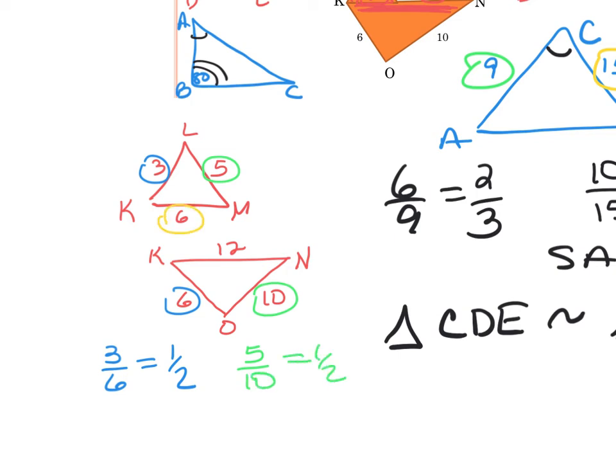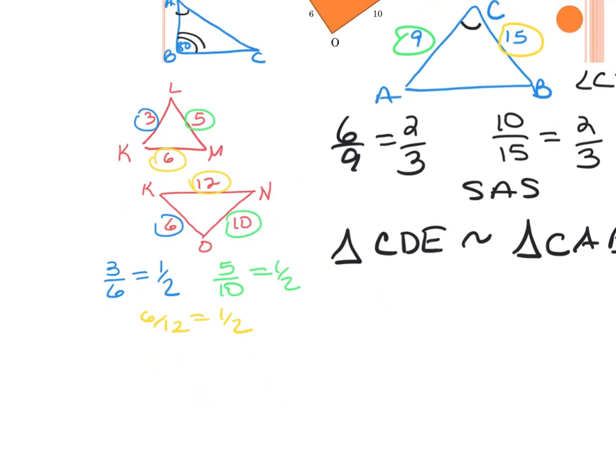And then lastly, the 6 and the 12. So 6 to 12, 1 to 2. So yes, these two triangles are similar, and my reason would be side, side, side.